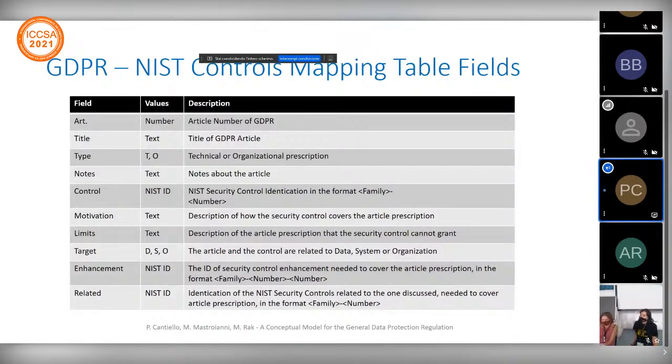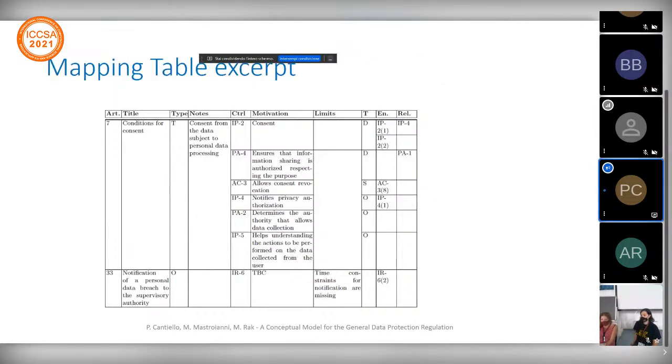Our output is a NIST control mapping with the GDPR. So we have the article on the first column, the number of the article, the title, and the related NIST control. This is an example of the full table we have produced after this work.